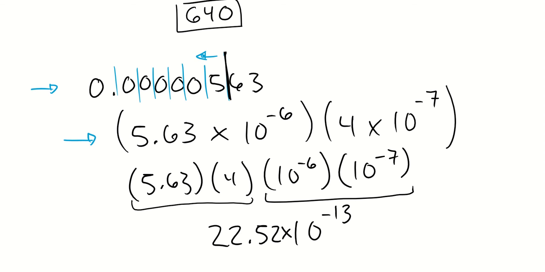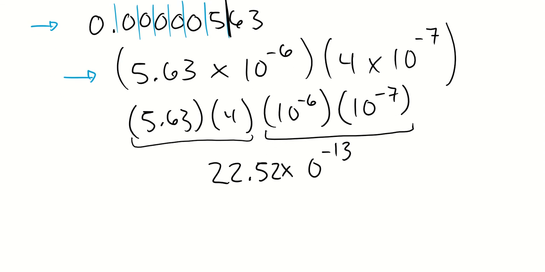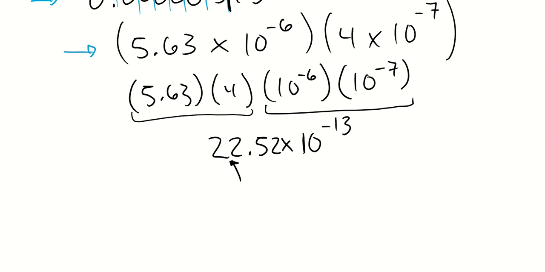22.52, this answer that I have is not in scientific notation because the decimal's in the wrong spot. It needs to be here. So if I want to rewrite it, I can write the decimal point here, 2.252, and this number that I've just written down is not 22.52, right?